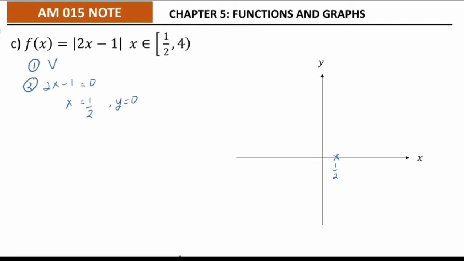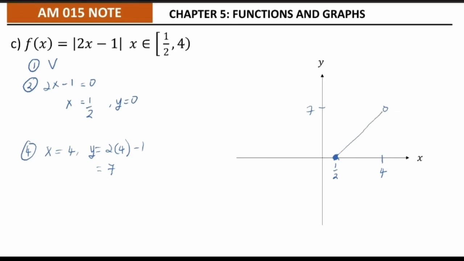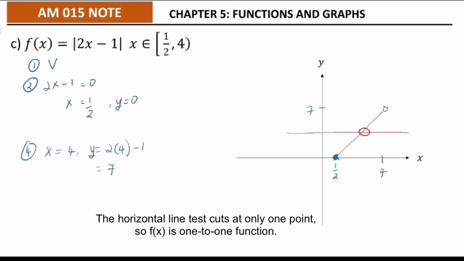From 1 over 2, included, so this is a dot, and then to 4. When x equals 4, y equals 2 times 4 minus 1, which is 7. So at x equals 4, y equals 7, not included. The V shape starts from here and goes from 1 over 2 to 4. The horizontal line test cuts at only 1 point, so f(x) is a one-to-one function.